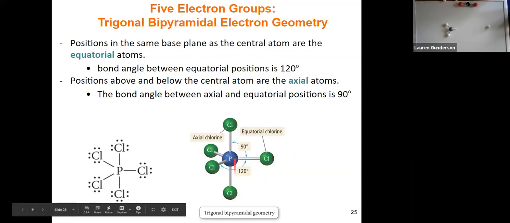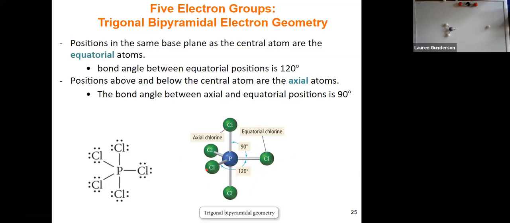And then you have what are called the axial molecules. And the axial molecules are going to be 90 degrees from the equatorial ones. Okay, and we're going to take a second to look at this one on video because it's a little harder to see.